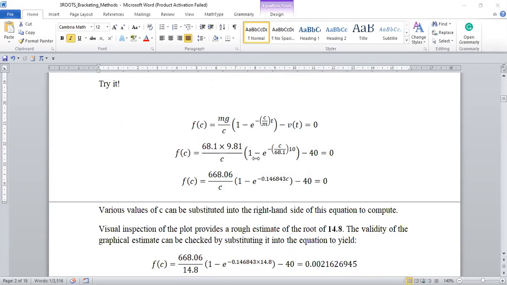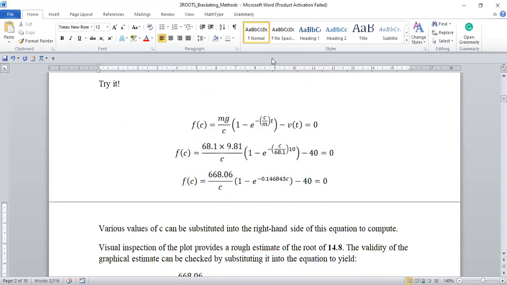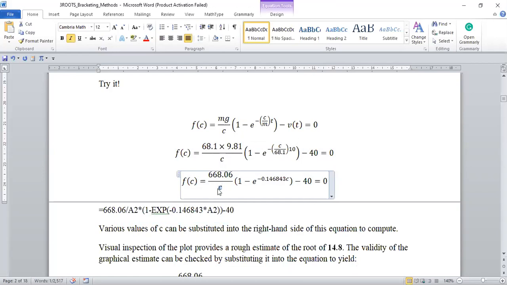For the graphical method, let me go to Excel. I'm going to plot it using Excel. Basically, I'm going to create different values for C, then use this expression here, converted into Excel format.